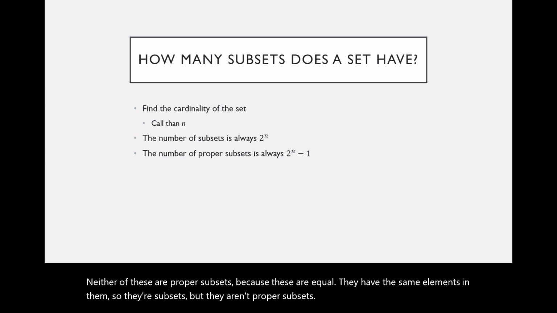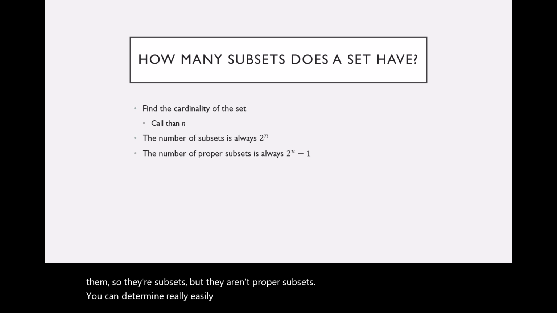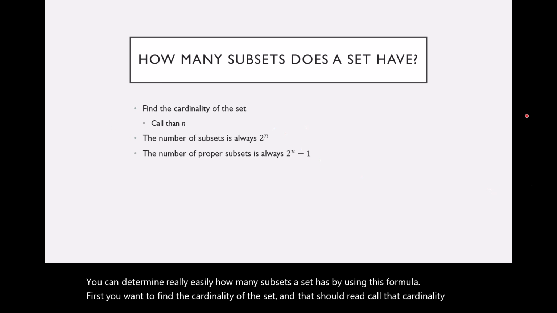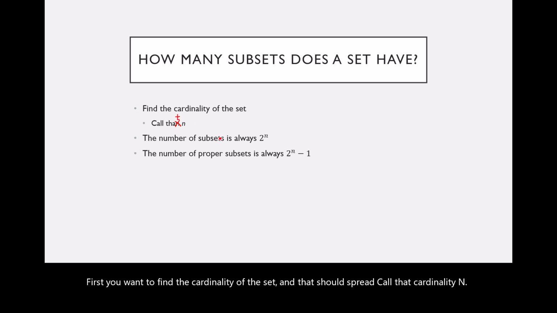You can determine really easily how many subsets a set has by using this formula. First, you want to find the cardinality of the set, and call that cardinality n. The number of subsets will always be 2 raised to whatever the cardinality is.